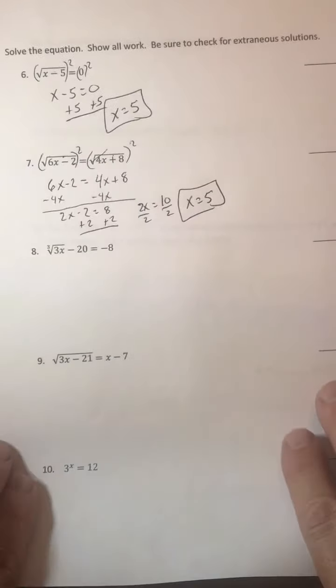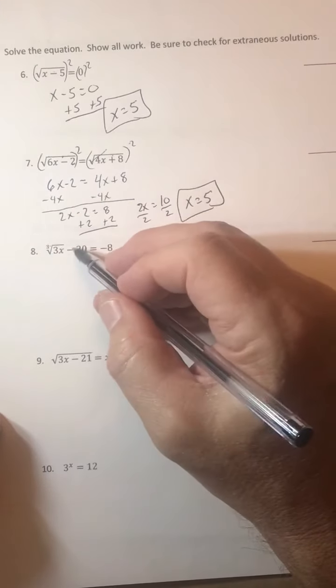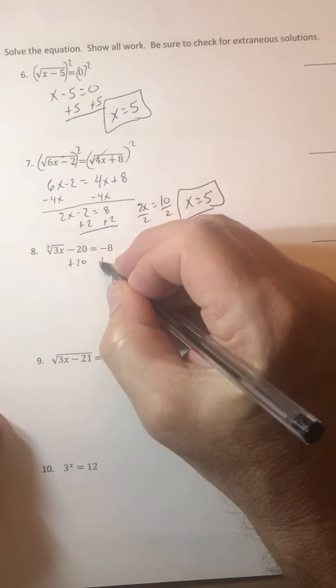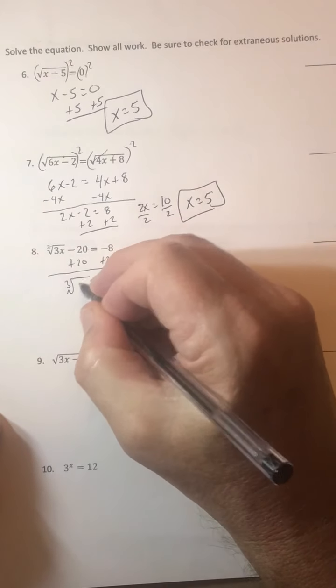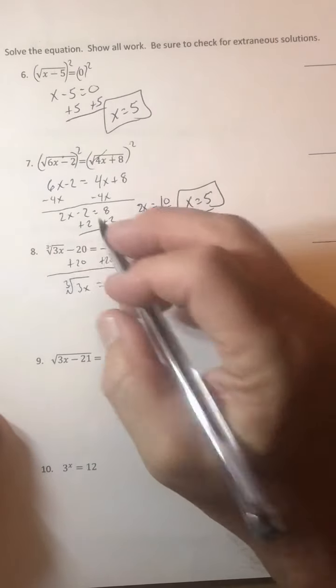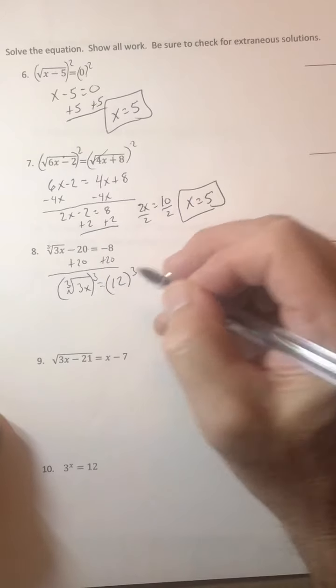All right. Number 8. We got this cube root, but we got to get rid of this minus 20. It's not under it, so we got to add 20 first. Gives us the cube root of 3x equals 12. Now we got to get rid of this cube root, so we got to cube this side and we got to cube the other side.